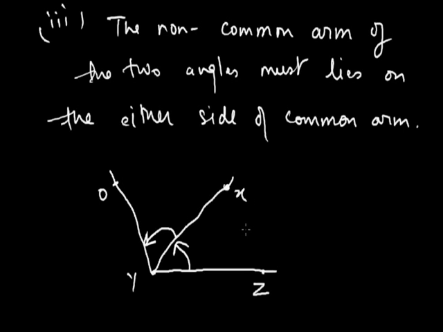So angle ZYX and angle XYO are adjacent angles because they satisfy all three conditions for two angles to be adjacent.